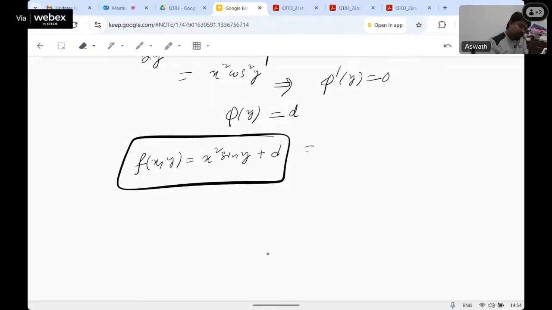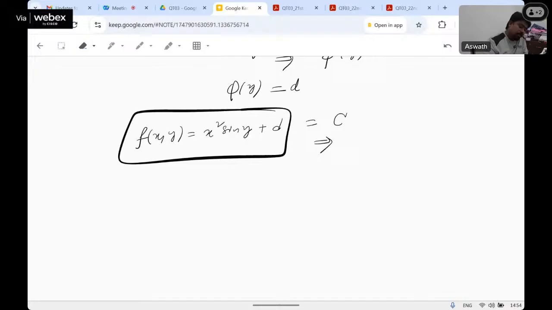By the way, this is some constant, which implies x square sin y is equal to c minus d. Let me call it some constant c prime, or c tilde. And y would be sine inverse of c tilde divided by x square.